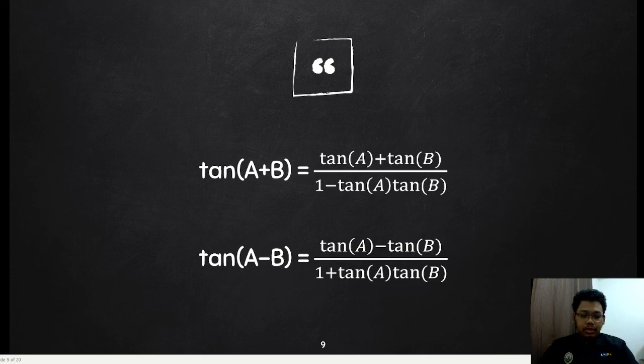So here's the formula: tangent(A + B) is tangent A plus tangent B over 1 minus tangent A tangent B. Same for the minus, the sign will be followed on the numerator, but on the denominator it will be crossed. So for the tangent, the top will be followed, the bottom will be crossed.